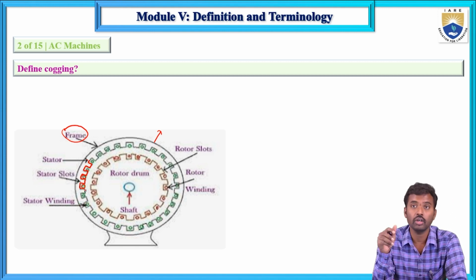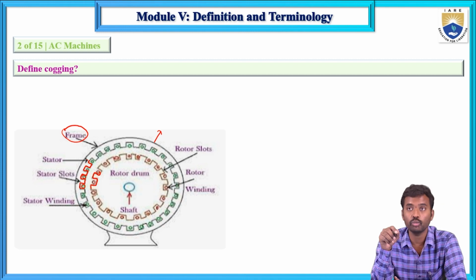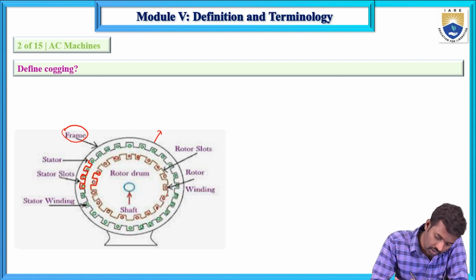So the stator slots carry the stator winding, and this is the rotor. In an induction motor the rotating part is the rotor. The stator has the stator winding and the rotor has the rotor winding. The red circles are the rotor winding, and these are the rotor slots.